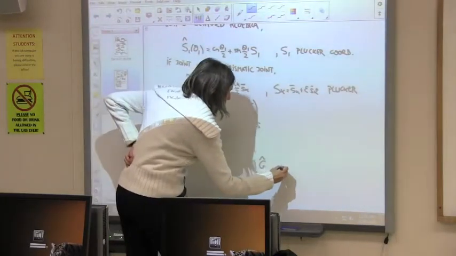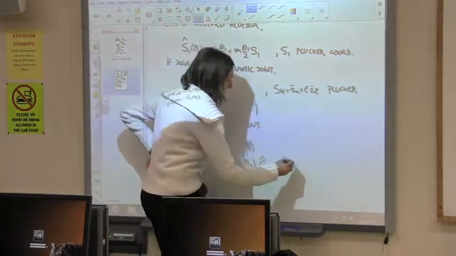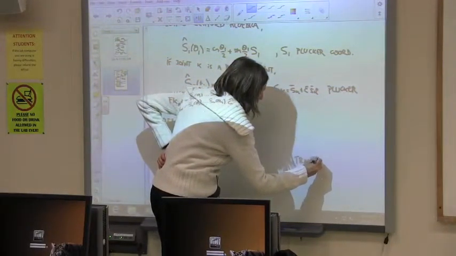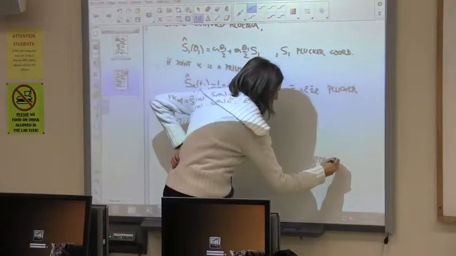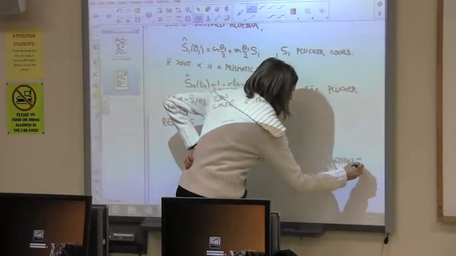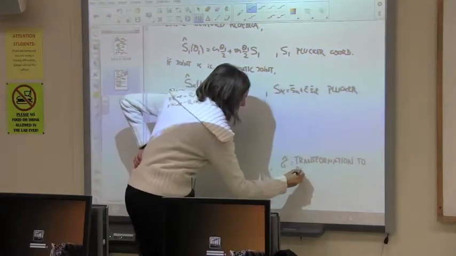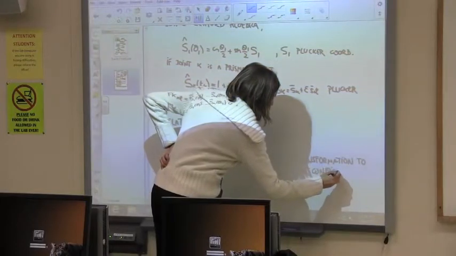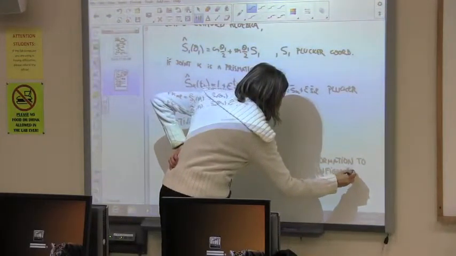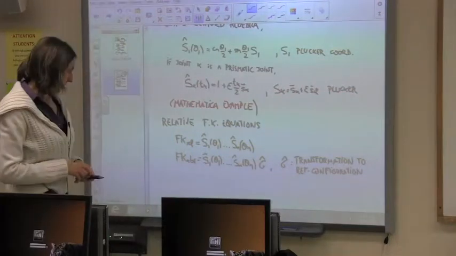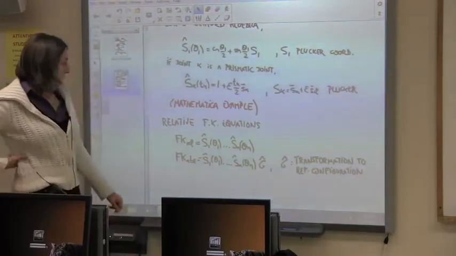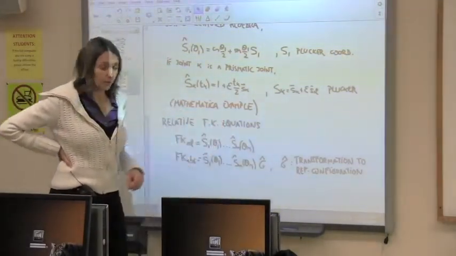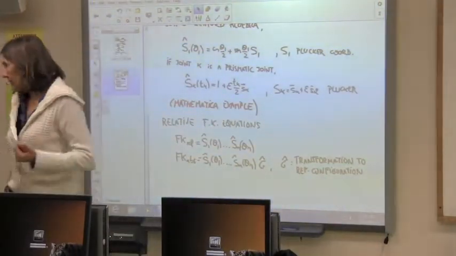Let's just call it g, the transformation to reference configuration, and we'll do that also. So if you really like the absolute, it's easy to recover them. It's just a constant transformation at the end. Okay. Let's just try with the example we had.